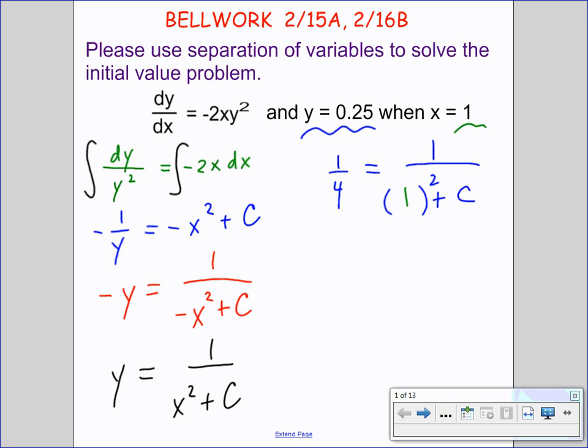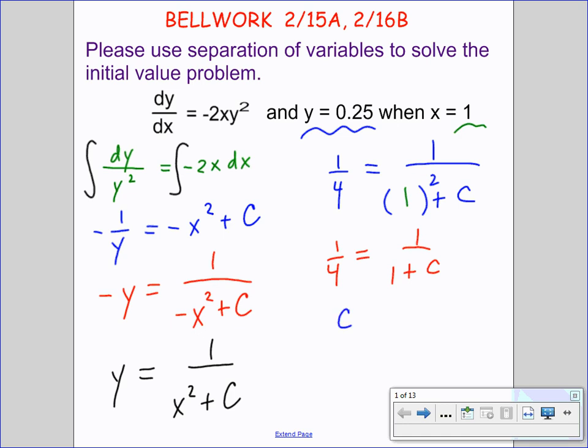So it looks like y equals 0.25 or 1/4 when x equals 1, so it looks like 1/4 equals 1 over 1 plus c. So through inspection, right, we can see that c must be 3 in order to make that true. Or we could flip and we could solve and we could subtract or however we want to do it. But is everybody getting c equals 3? C equals 3? All right.